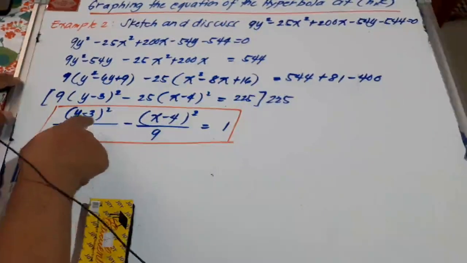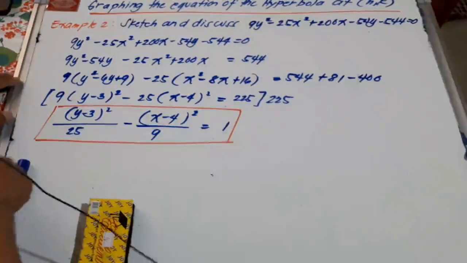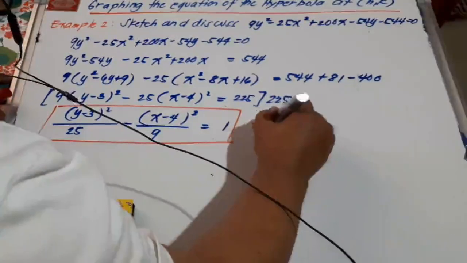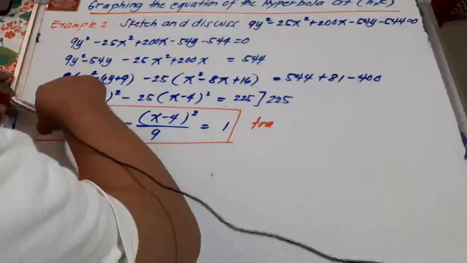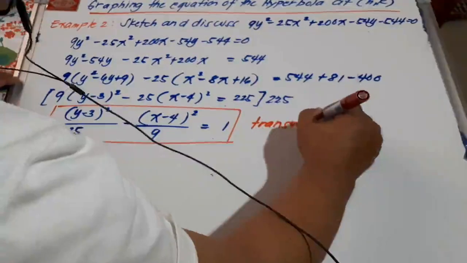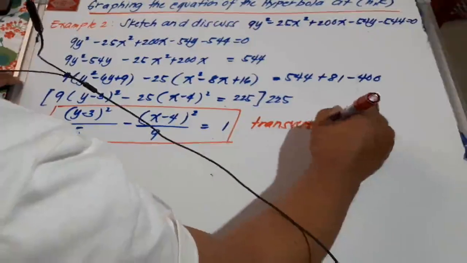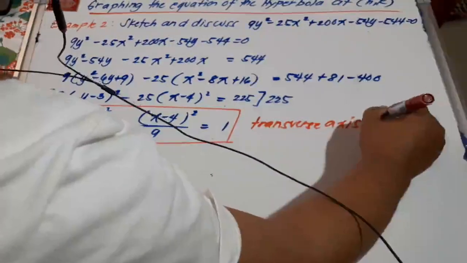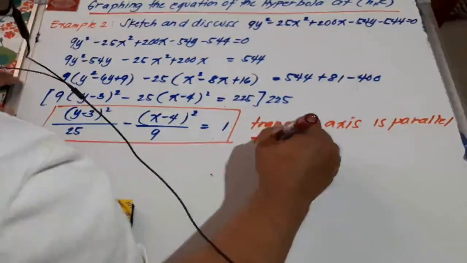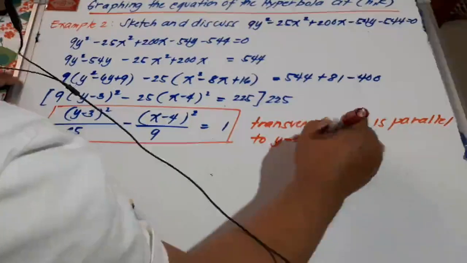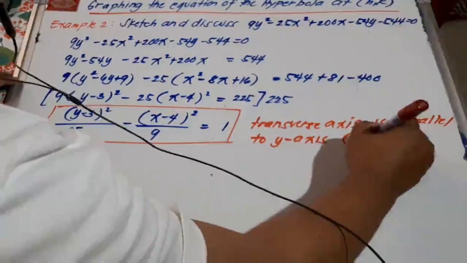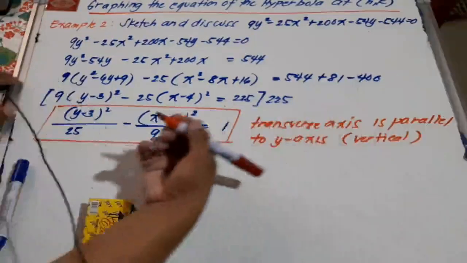Since ang positive ay yung y squared term, transverse axis natin, yung dadaan sa vertices natin, is parallel to the y-axis. Ibig sabihin, yung ating hyperbola ay patayo, vertical.